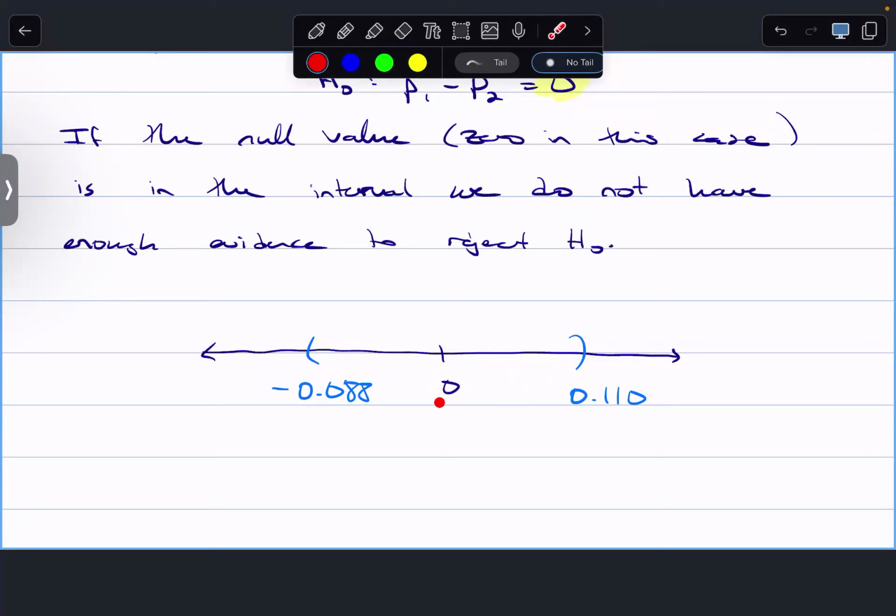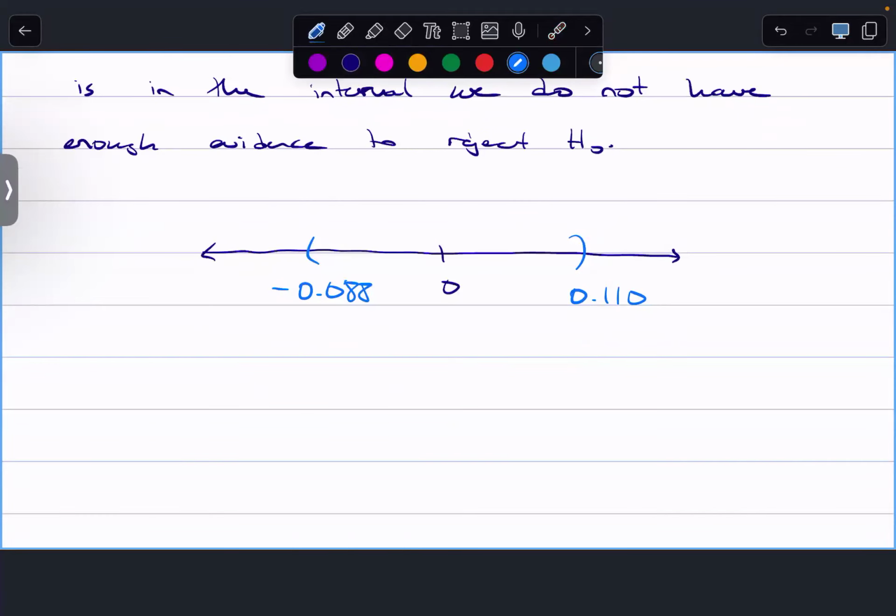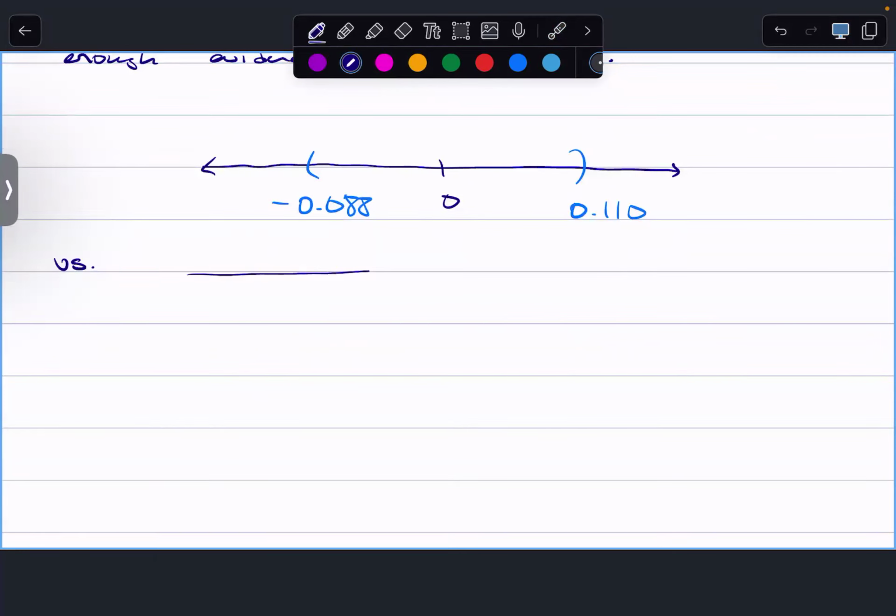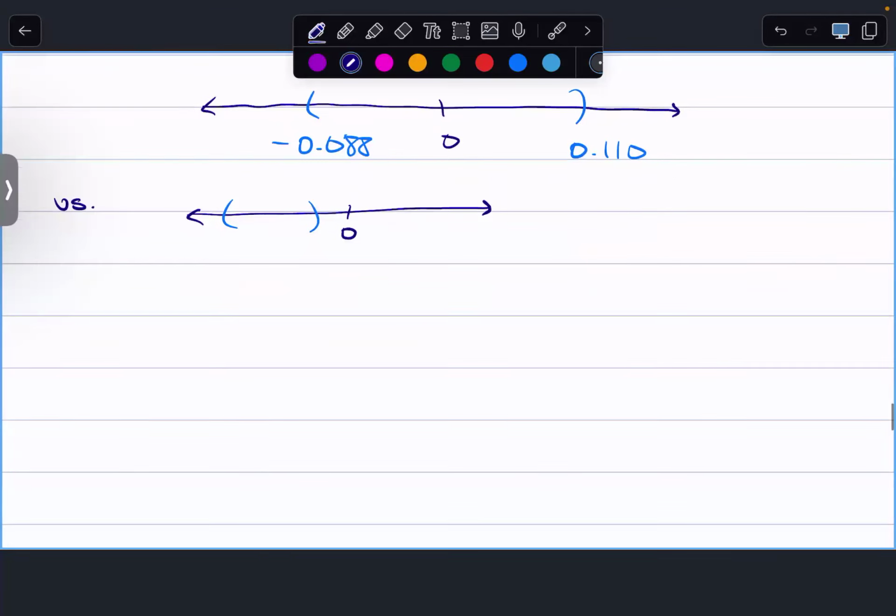And so if we had something that looked like this, versus if we had an interval where 0 was here, and then we could maybe have an interval that's all negative or all positive, then we're 95% confident that 0 is not in this interval, right?